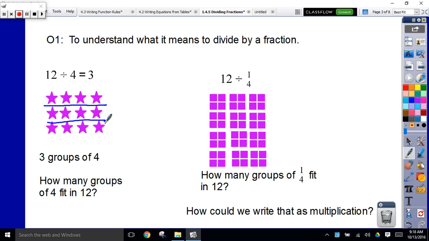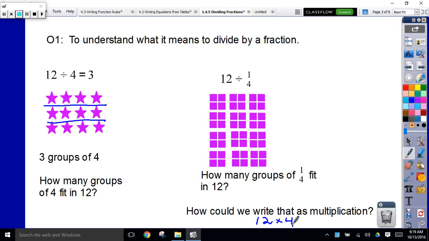So we have 4 pieces in each square, and we have 12 squares. How can we write that as multiplication? Hillary? Well, yeah, count. So how many squares do we have? 12. And so we're going to multiply that times 4. Good. So we can write that as 12 times 4.